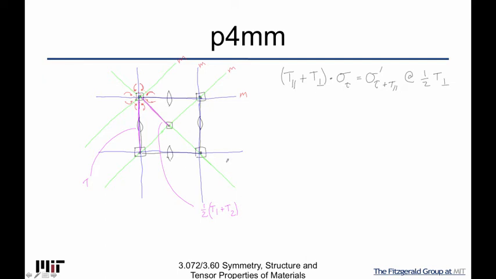So this one can be t perpendicular, because I have mirror planes and this translation vector perpendicular to it. That's a very specific subcase of this, remember. And half the distance of t perpendicular is going to be here.